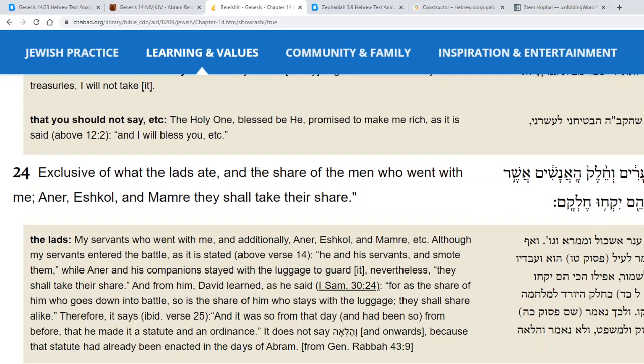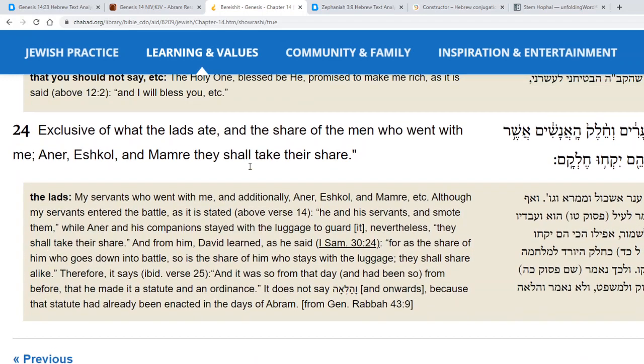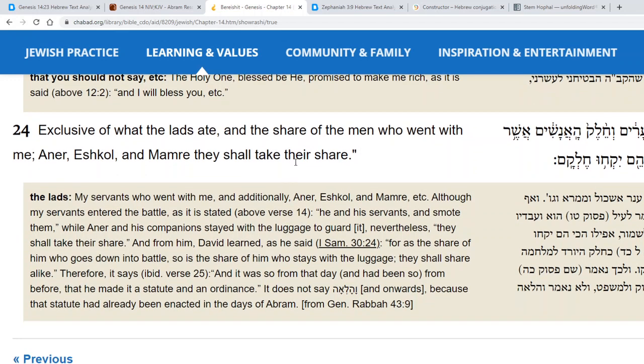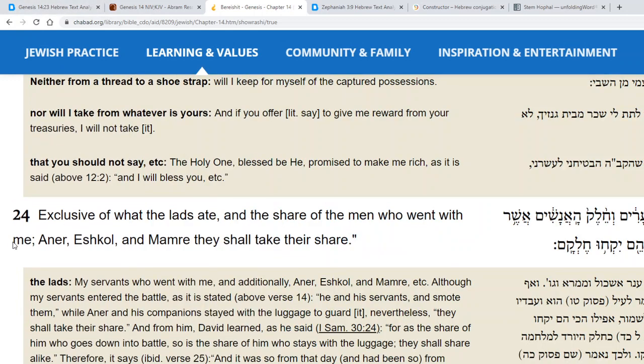You can look at the Rashis there, but nothing particularly. He's saying that it goes off of Genesis 12:2, where God says He will bless. So he wanted to make sure that credit was given where it was due.